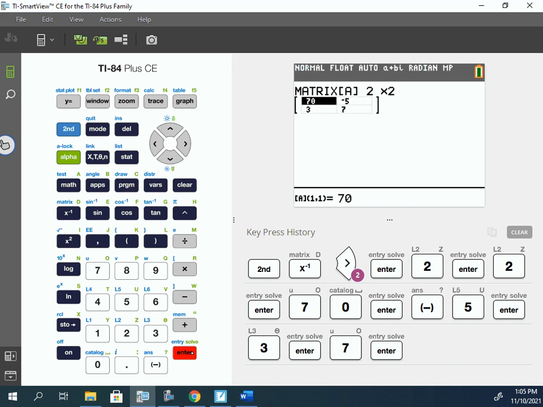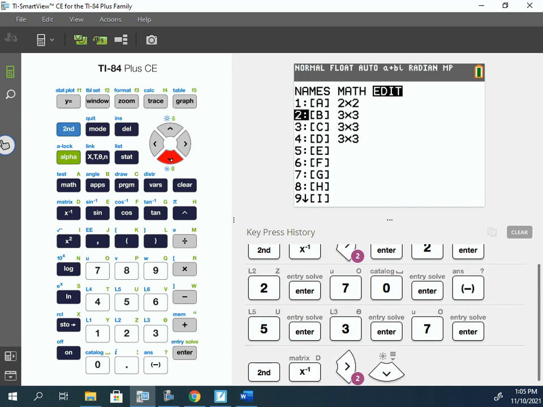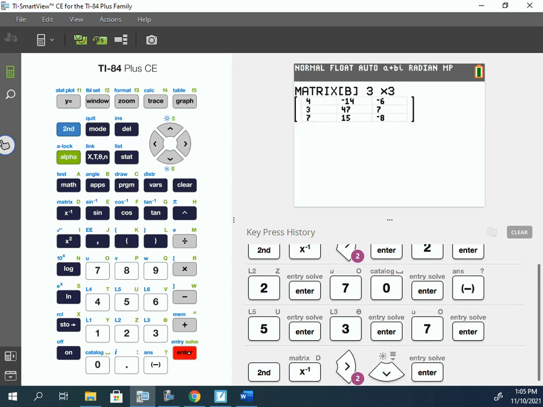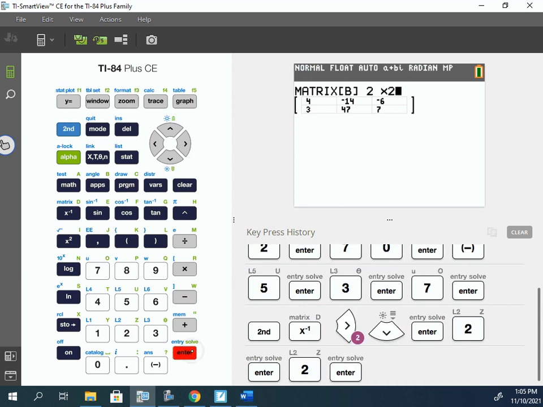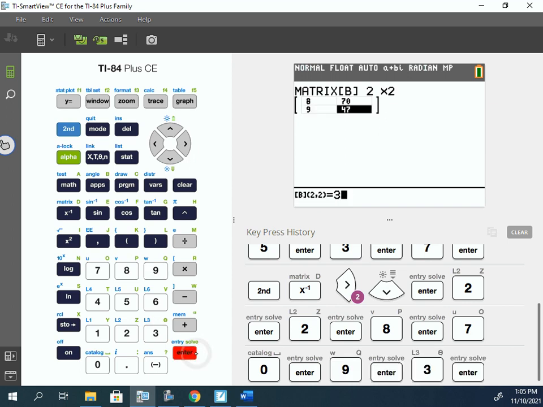So we can input the first matrix. And once we get that put in, we can go second matrix over to edit. And then we can edit matrix B, which again is going to be a 2 by 2. And we can get a matrix B in, which is 8, 70, 9, and 3.